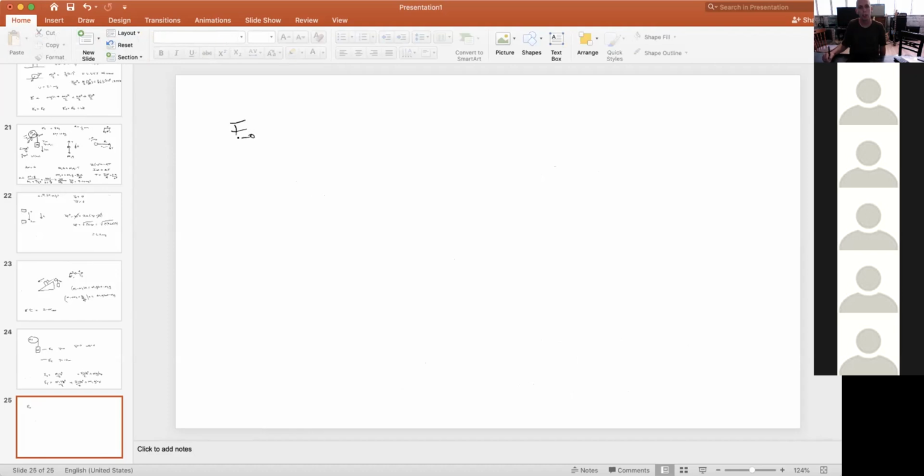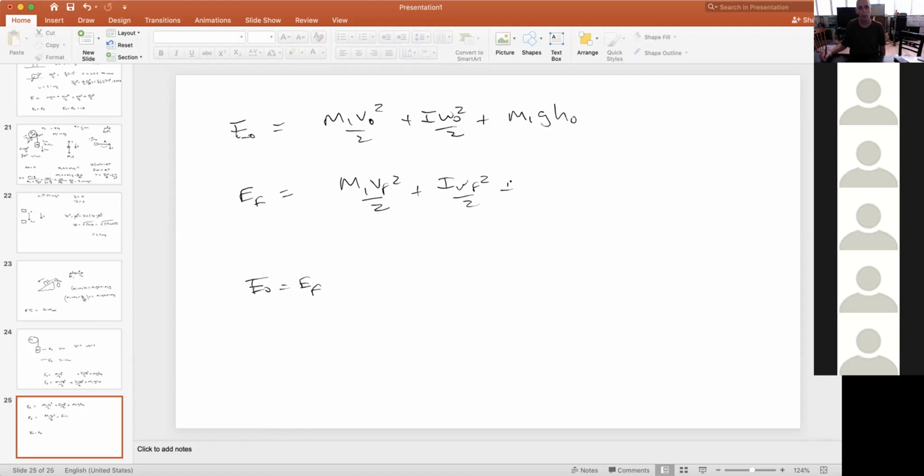E initial, E final. And then I'm going to write E initial is equal to E final by conservation of energy. So this was M1 V1 squared over 2 plus I omega initial squared over 2 plus M1 G H naught. And M1 V final squared over 2 plus I omega final squared over 2 plus M1 G H final.